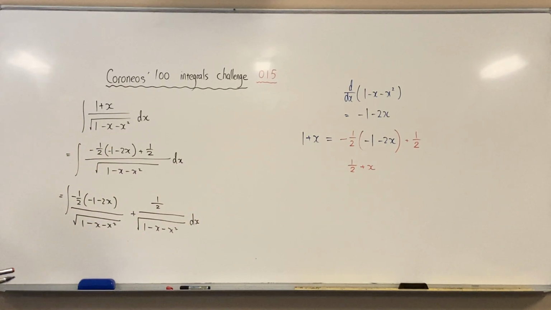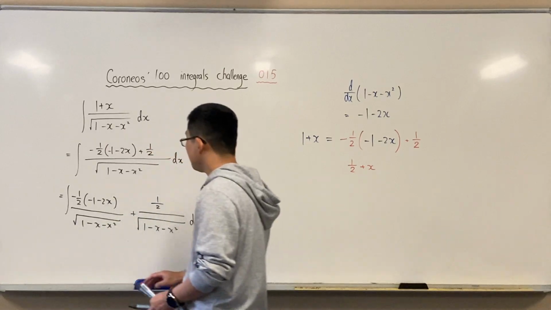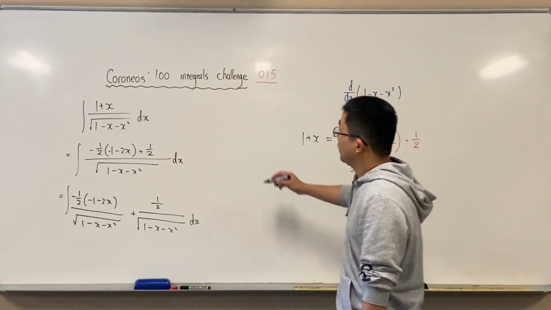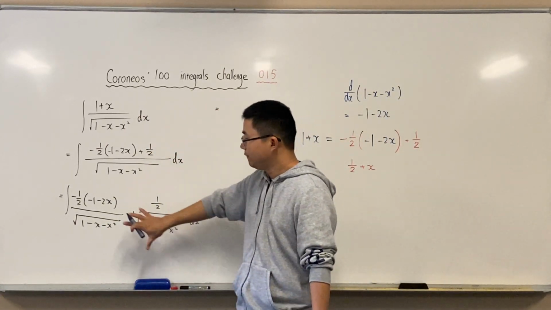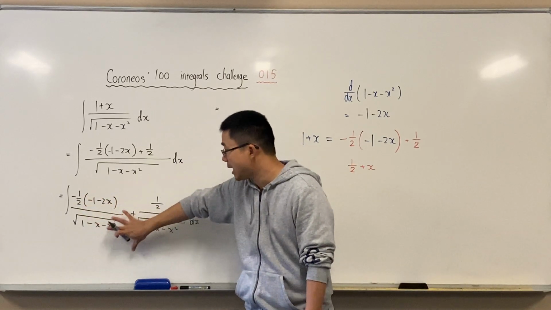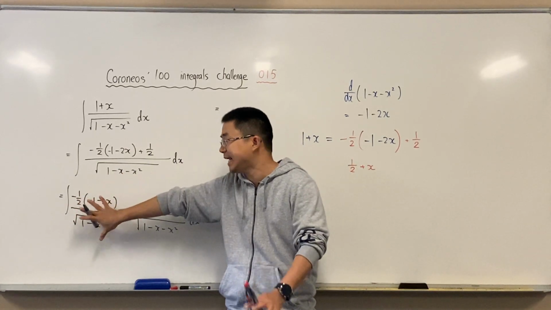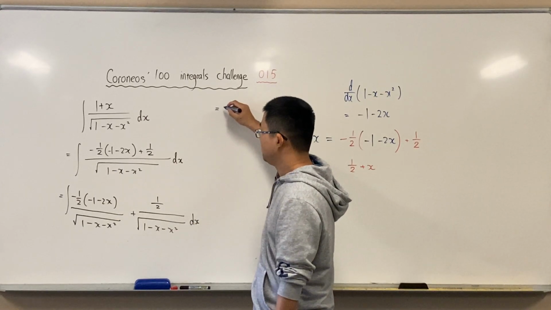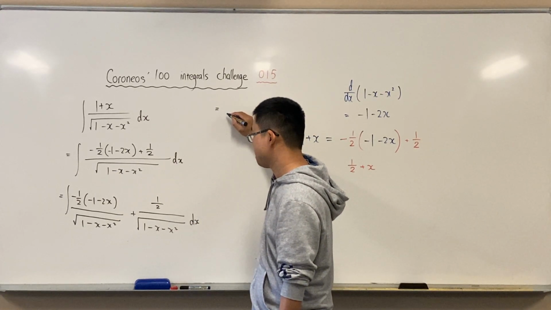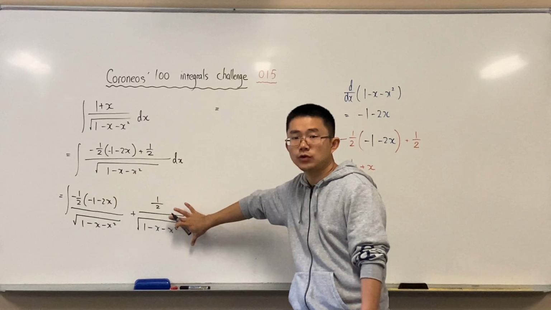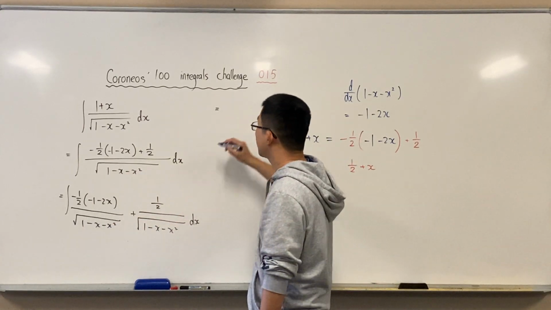Alright, still a lot of things we need to do here. What do we do next? For the first fraction, as you can see, that becomes the reverse chain rule. So that's really easy to deal with, okay? I'm just going to separate that into two integrals, all right? Slightly easier to do the calculation.